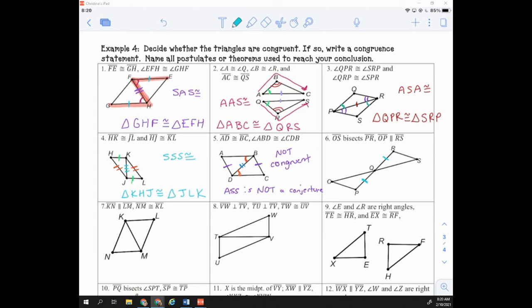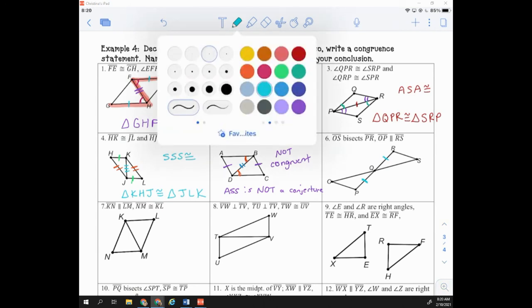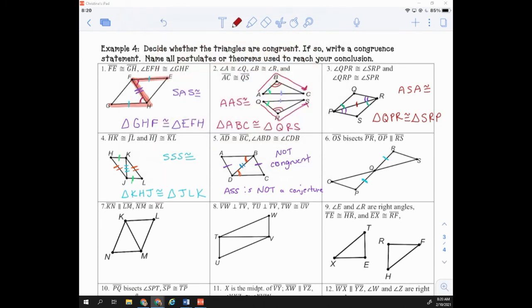And we're also told that OP and RS are parallel to one another.